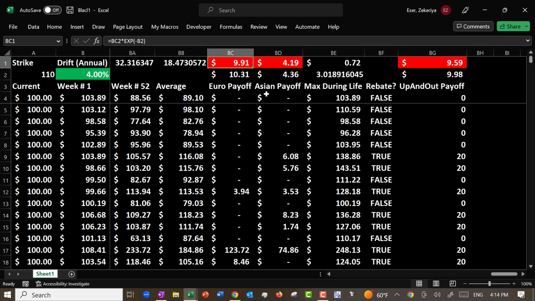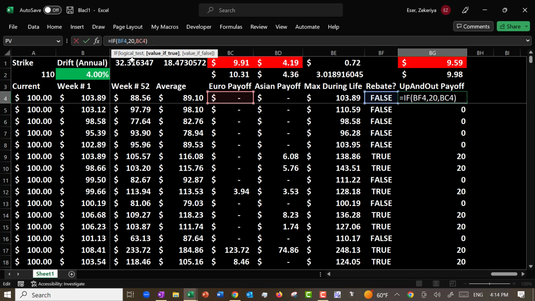So European option, this would be 10, of course. That's why you don't do these things. Yeah, 120. Payout is 10.